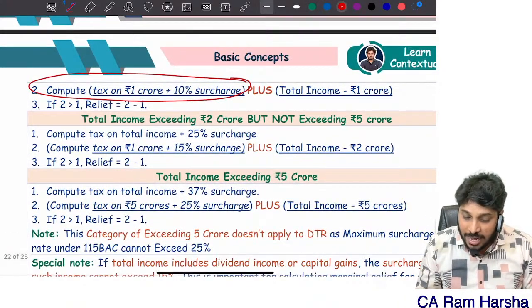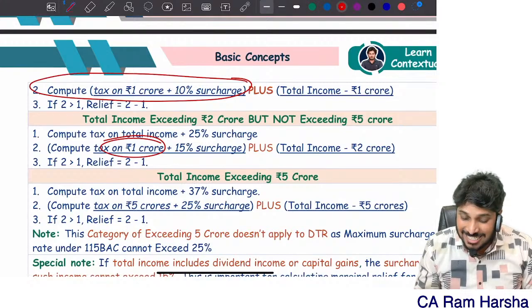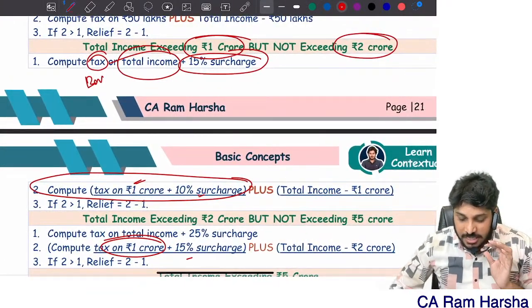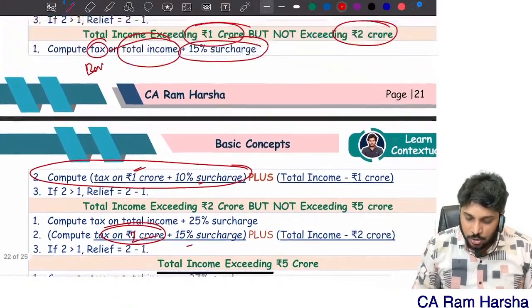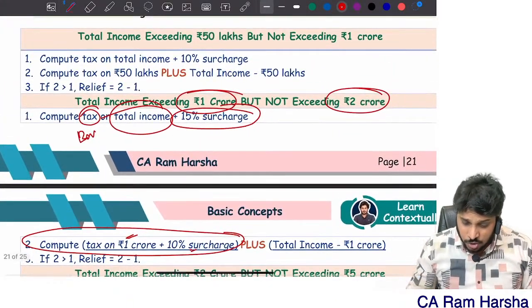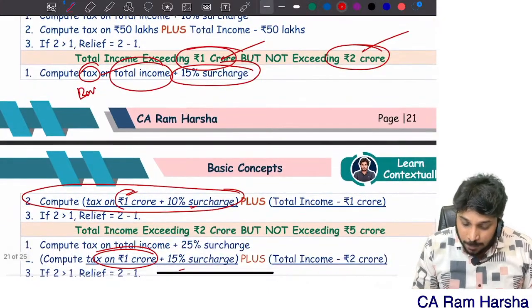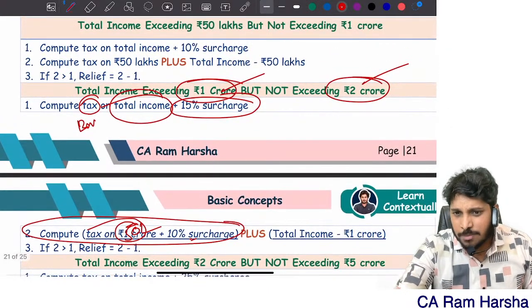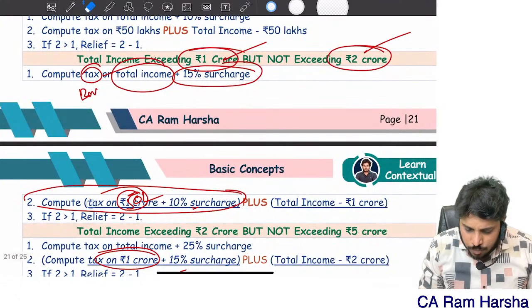Then compute tax on 1 crore plus 10% surcharge. Just a minute, I think a small mistake is there here.